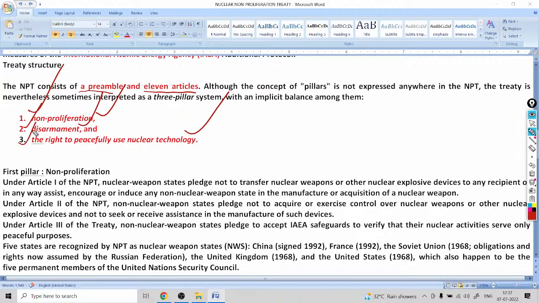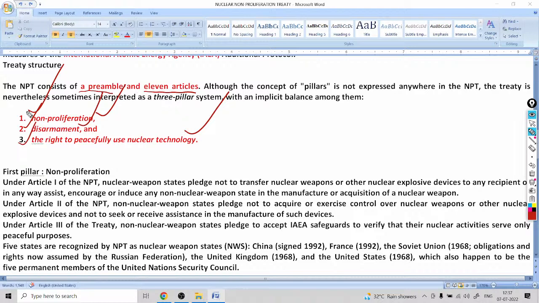The third one is most important because in the present era, nuclear technology has diversified use. So the third pillar of the treaty aims at the right to peaceful use of nuclear technology by any member country, because for peaceful use of nuclear technology there should not be any control mechanism or any regulatory mechanism.